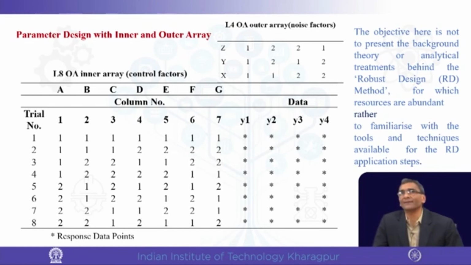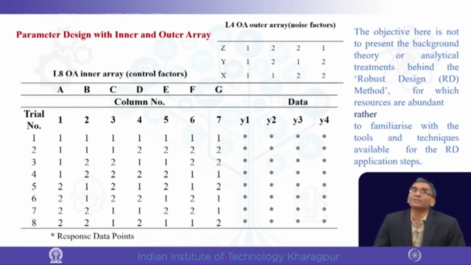Suppose there are 3 noise factors at 2 levels each, so it will be 4 treatment conditions, and in the control array you have 7 factors at 2 levels, so there will be 8 treatment conditions. When I combine these two, we get this parameter design layout.